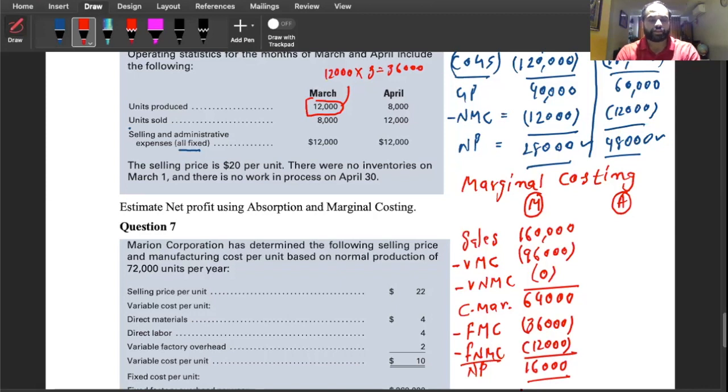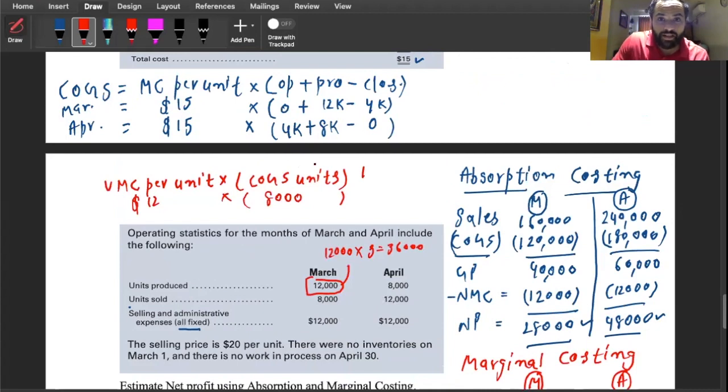Did you understand that? So always remember, when we are calculating fixed cost under marginal costing, do not use production unit for current period. Some of you are trying to use 8,000. 8,000 we use only for absorption costing, multiplied by 3.